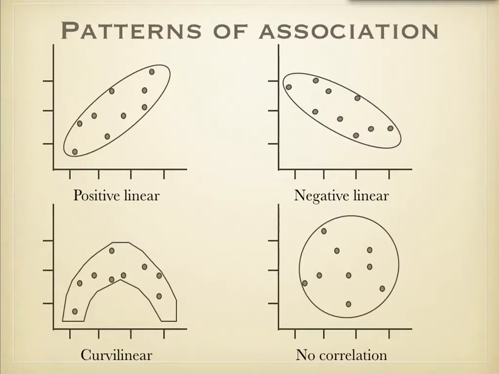Here are some other examples. The one in the upper left-hand corner is a positive linear relationship. That means on average a change in one will cause an increase in the other. The one in the upper right is indicated by the smoking example we did.